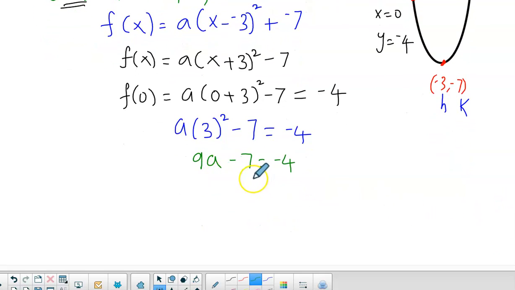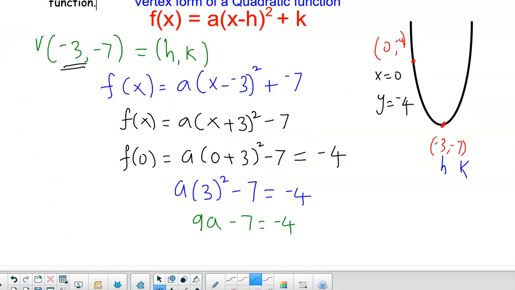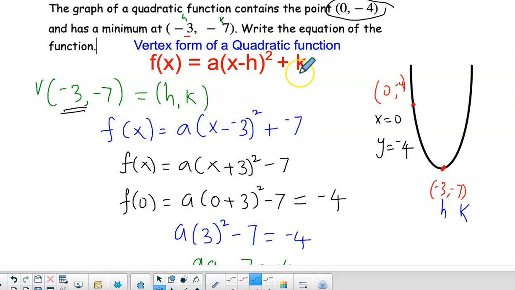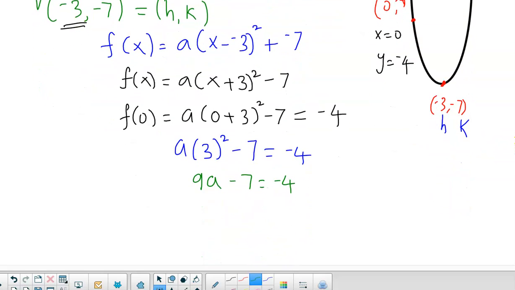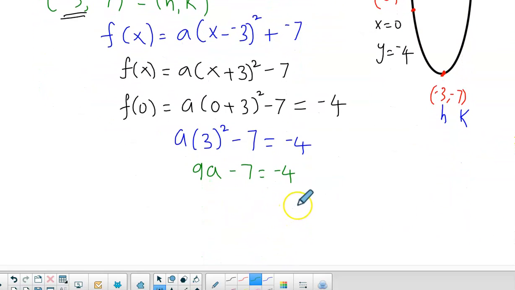Now you are looking for the value of a. Like I said before, in this a, h, and k we have to find. h and k is the vertex you got. Now, if you can find the value of a, you are done with finding the function in vertex form. So let's solve for a.